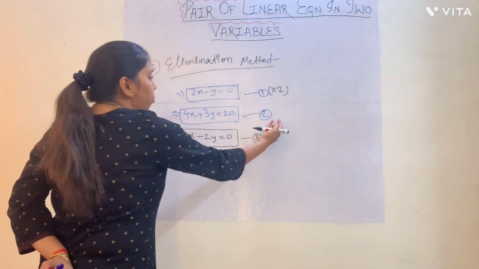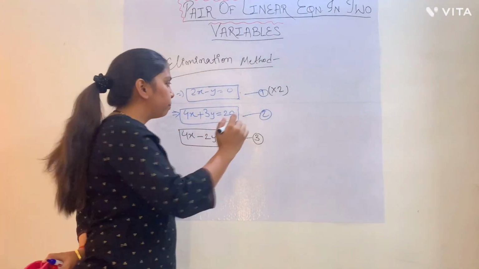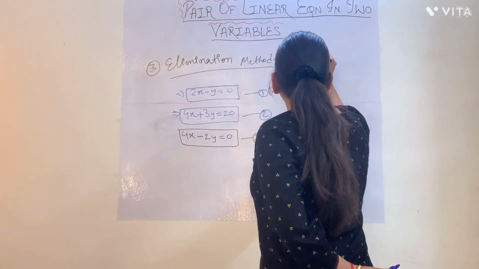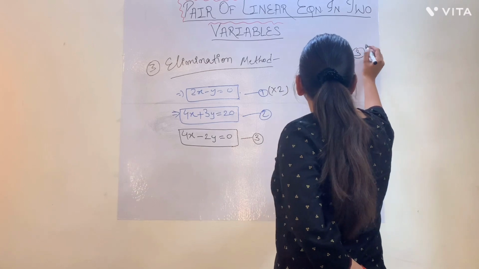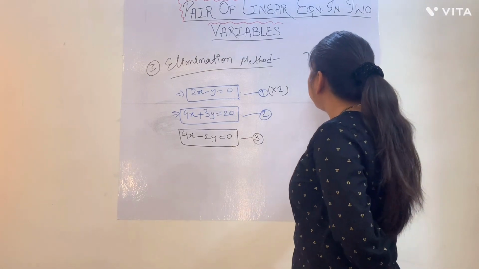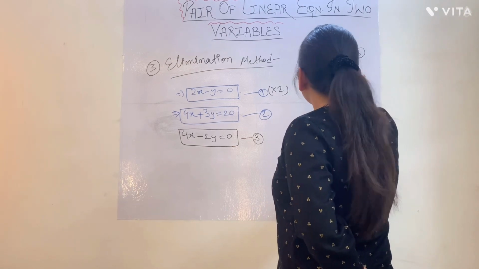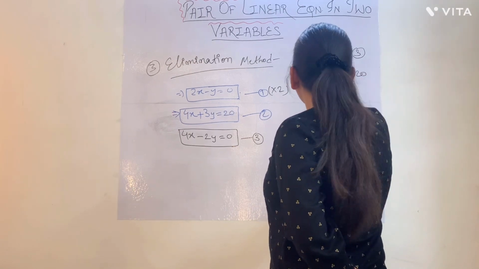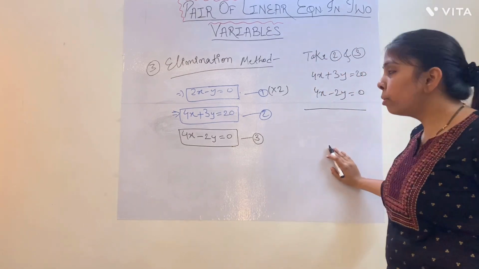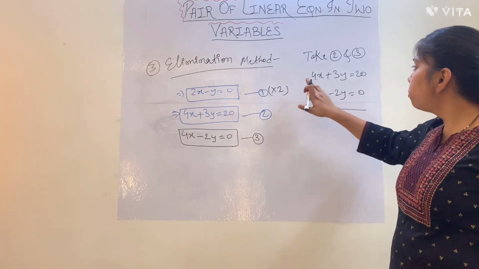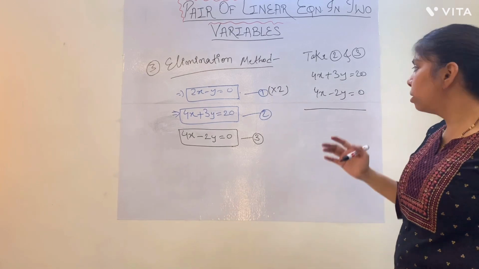Let's eliminate using both equations, second and third, so we will get the values of x and y. Take second and third. We know that in the elimination method, if both the values are positive, we will subtract the equations.